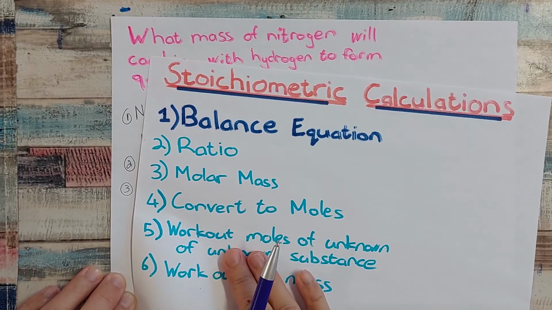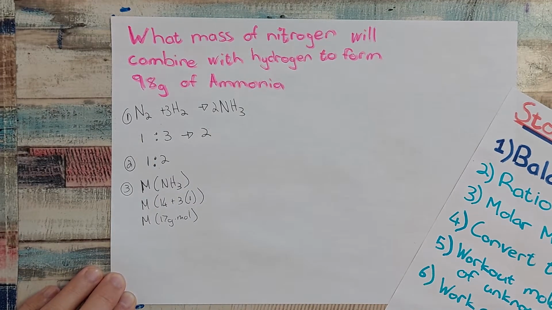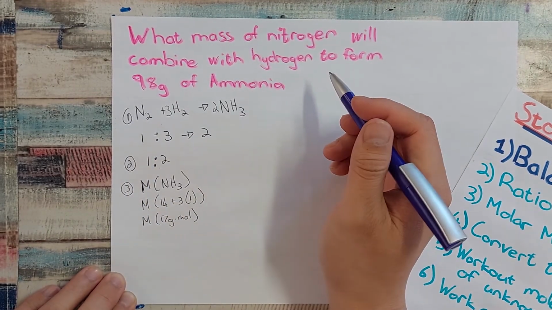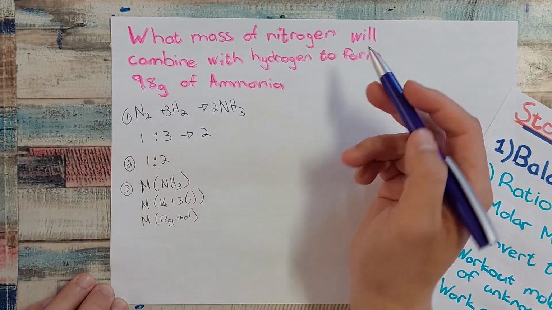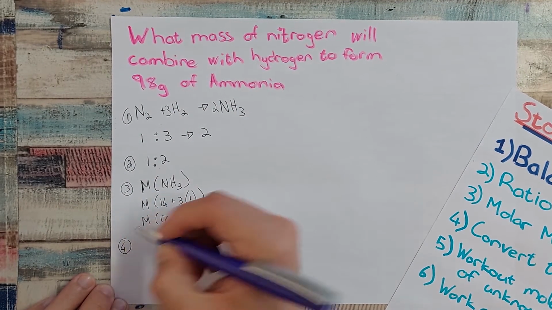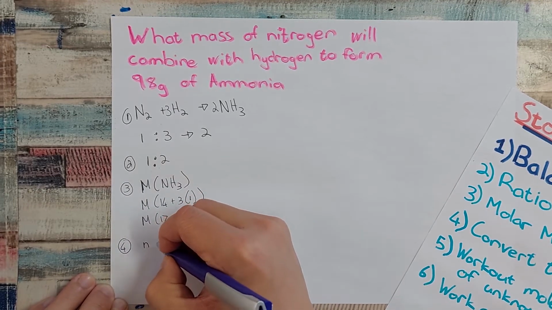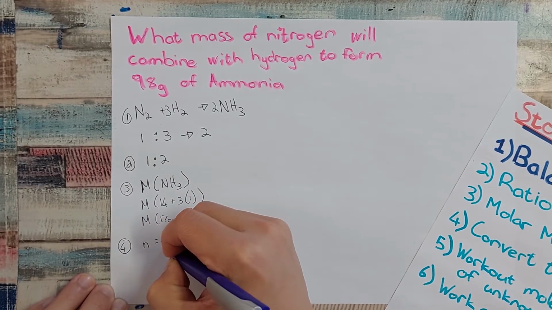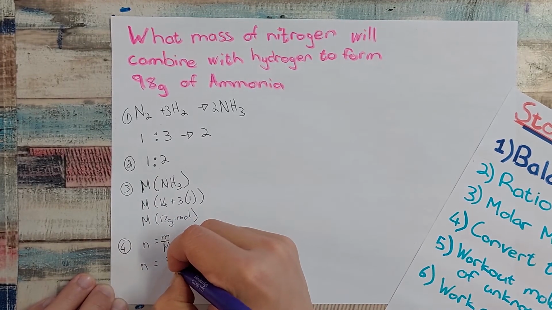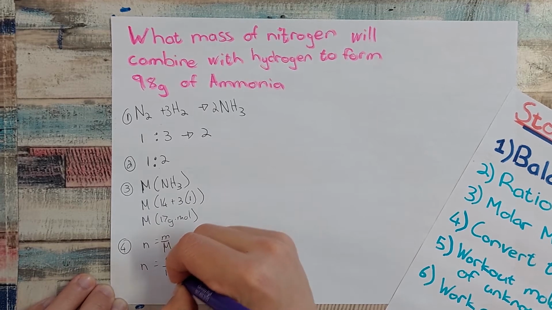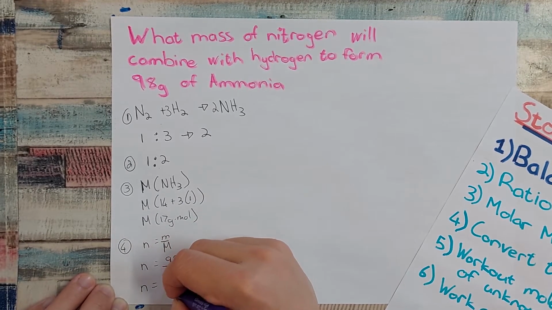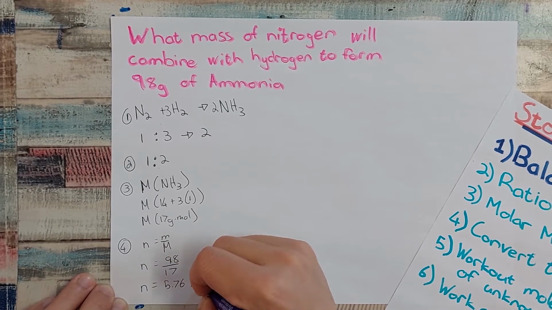That is step 3. Now I'm going to convert to moles. So don't worry about your ratio yet. We're still looking at my NH3. They have given me 98 grams of that, so let's convert to moles. Step 4: n is equal to mass over molar mass. They've given me 98, so it's going to be 98 over 17, which gives me 5.76 moles.